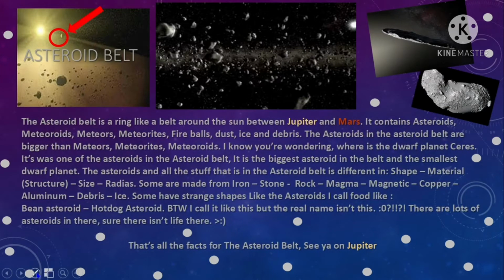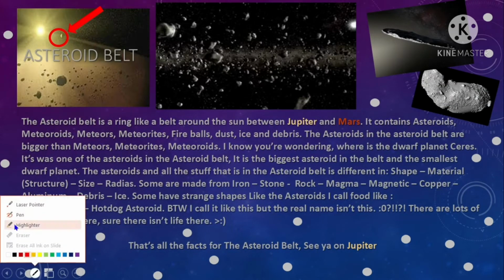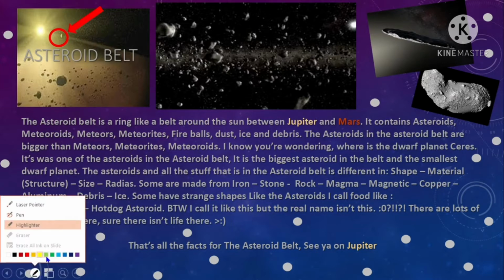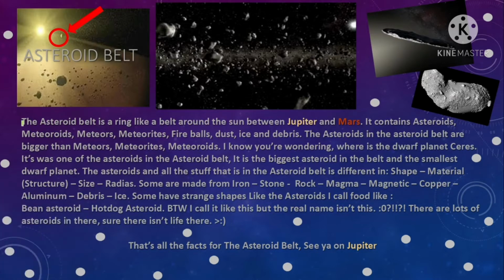The asteroid belt. I'm going to read first and then explain. The asteroid belt is a ring like a belt around the Sun between Jupiter and Mars. It contains asteroids, meteorites, fireballs, dust, ice, debris.